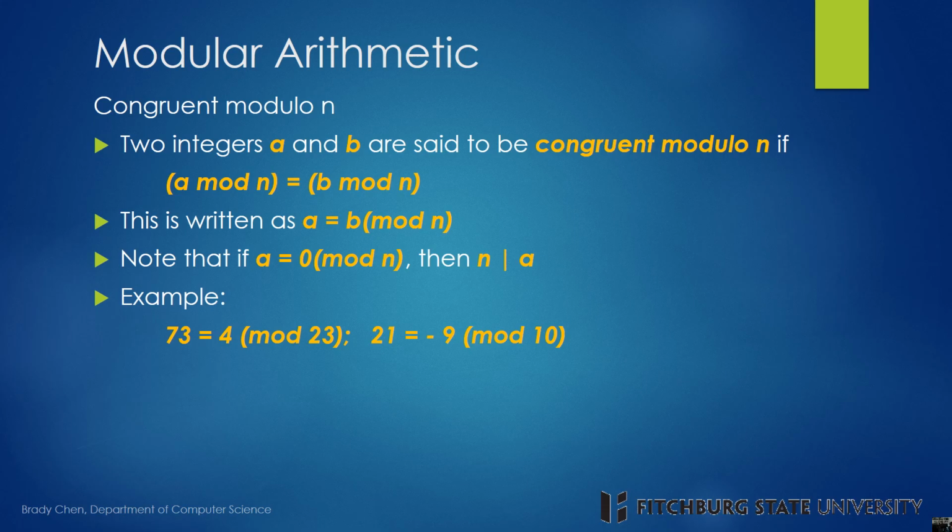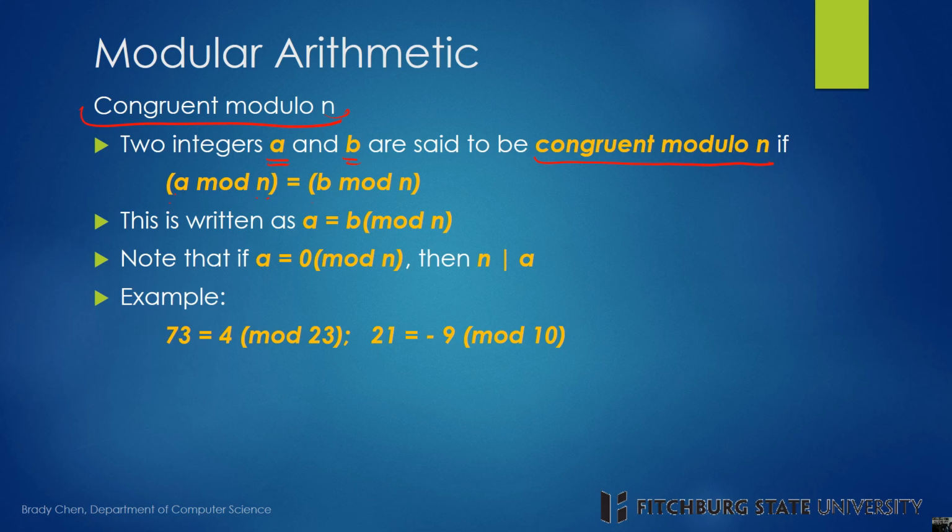The first thing we're going to define is called congruent modulo n. Two integers, A and B, are said to be congruent modulo n if A mod n equals B mod n. Then we say A and B are congruent.